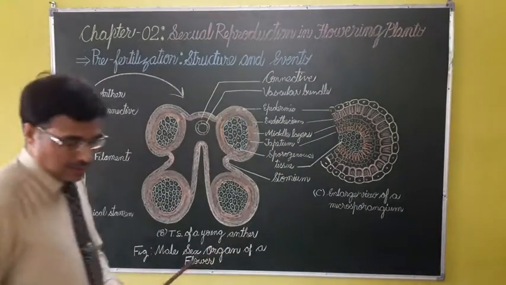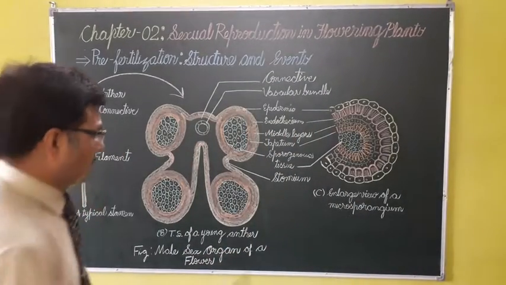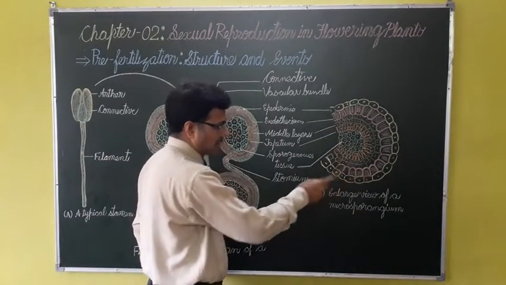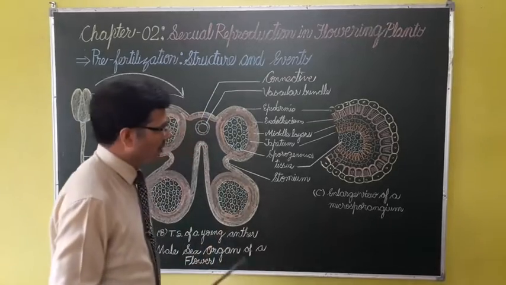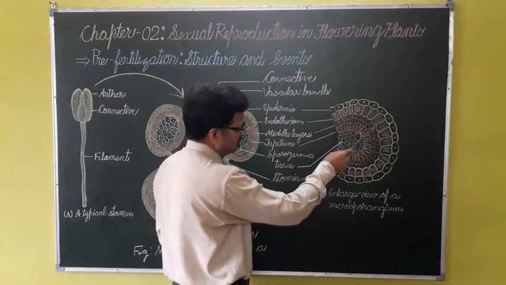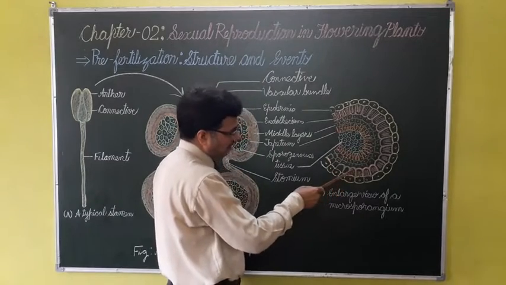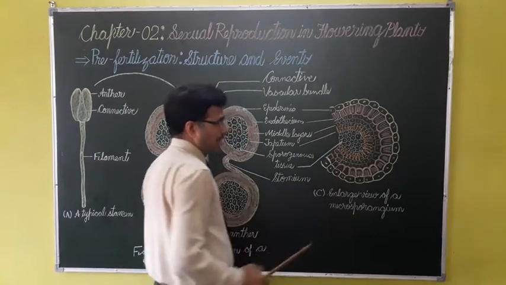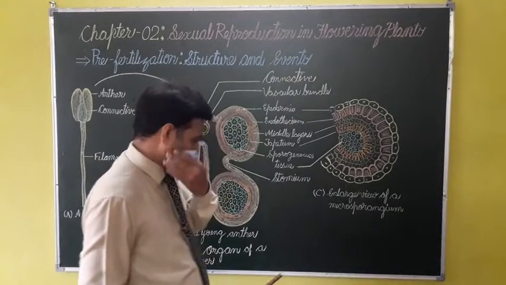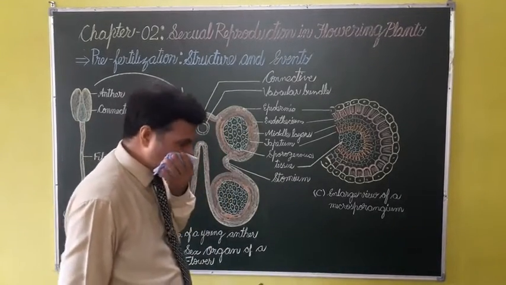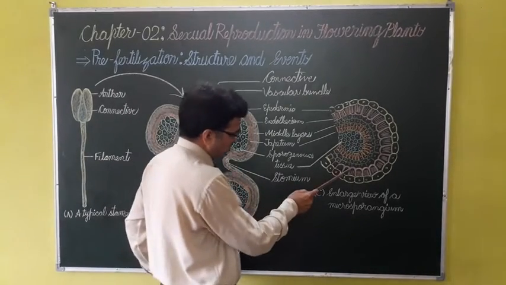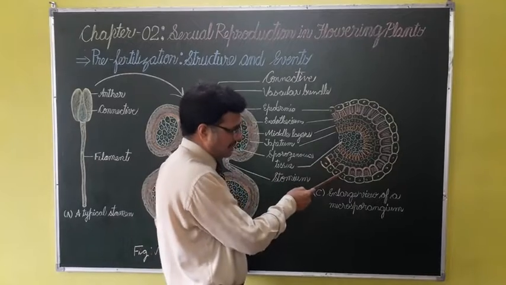This outermost layer, as I told you, obviously it is the epidermis, made up of the barrel-shaped cells which are flattened. Inner to this is the endothecium, where the cells are visible. These cells are columnar with fibrous thickenings. Actually these fibrous thickenings help in the dehiscence of the anther.